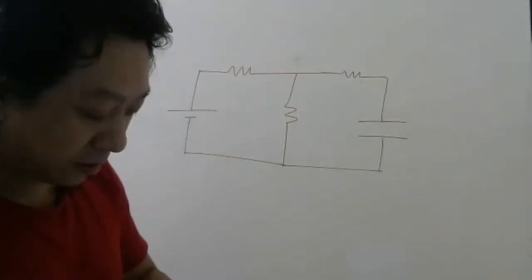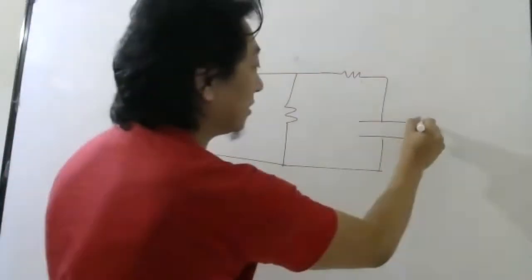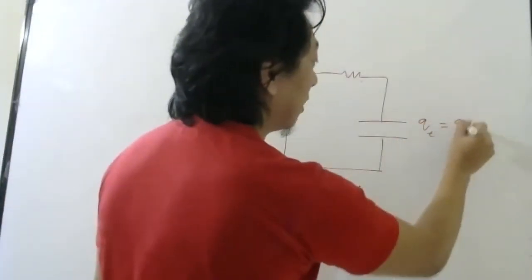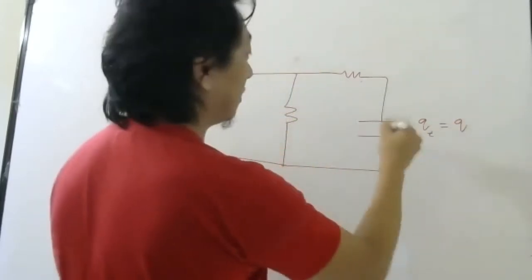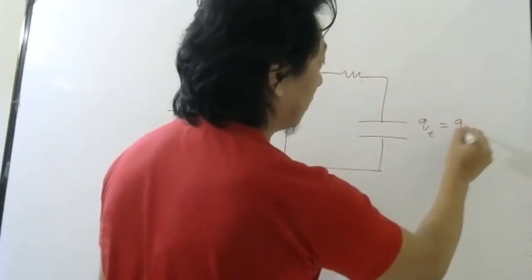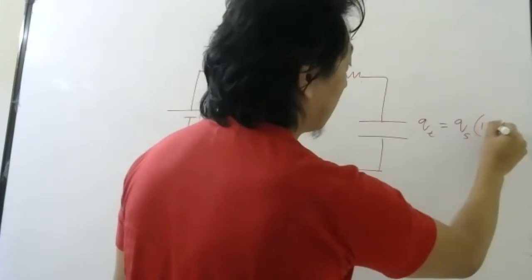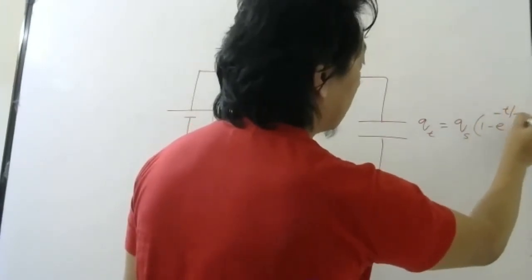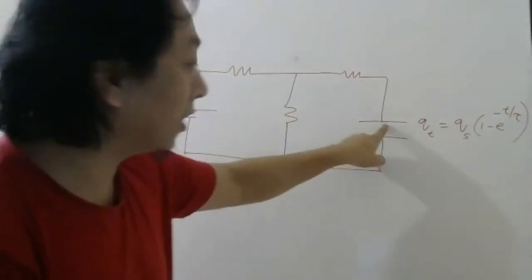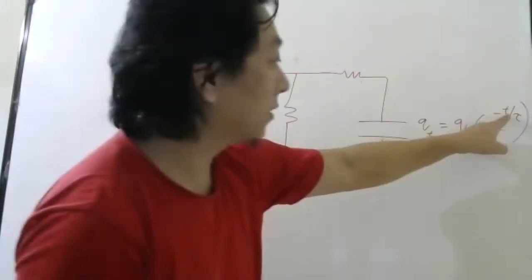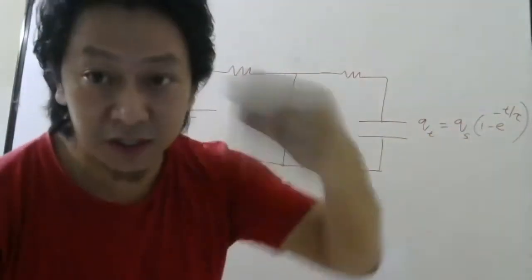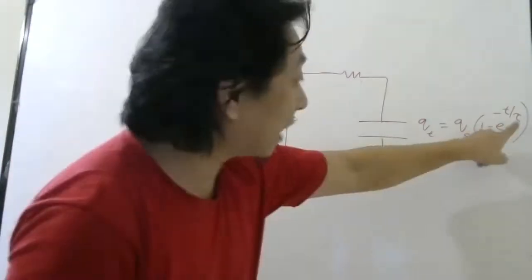That we know. But to find the charge at any instant, you will use this formula: Q steady times 1 minus e power minus t by tau, because it is getting charged. So this tau we have to calculate.